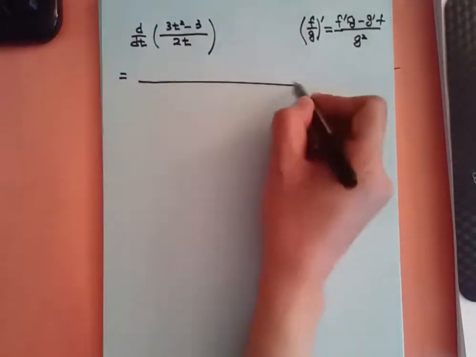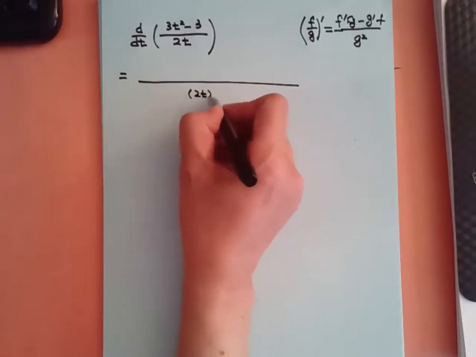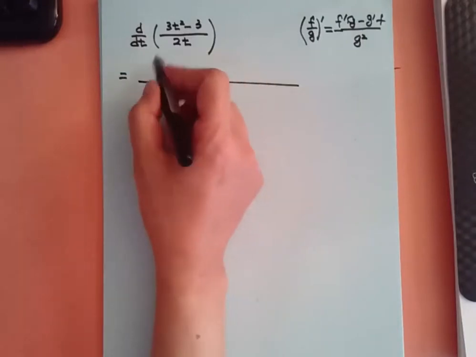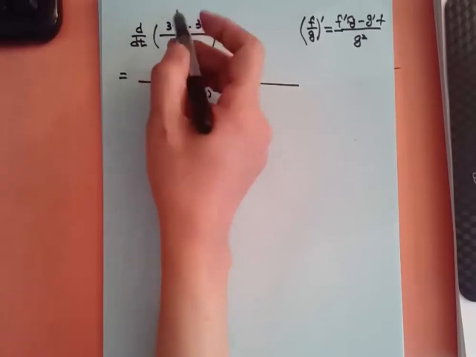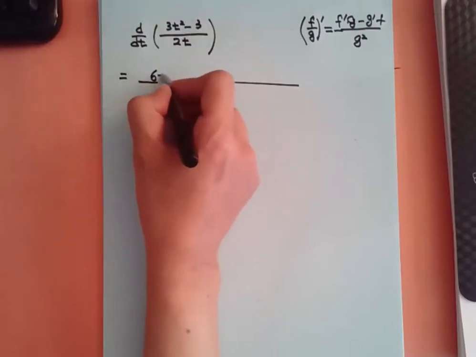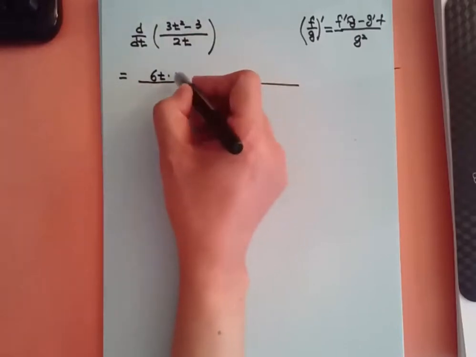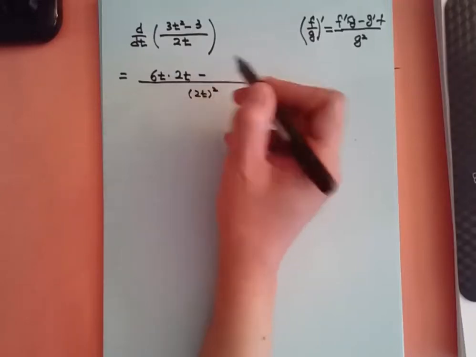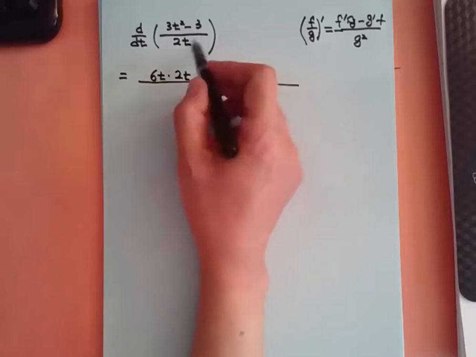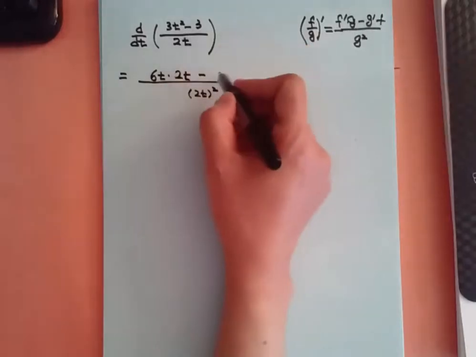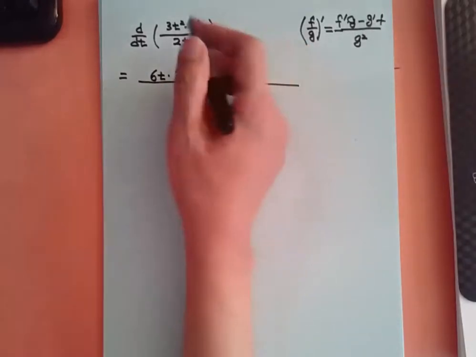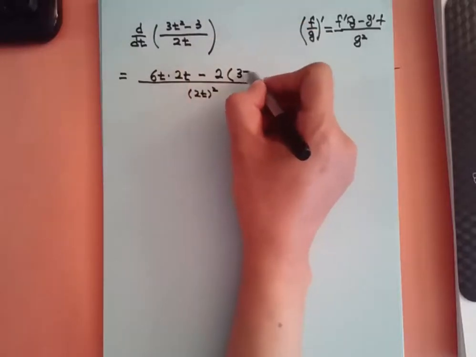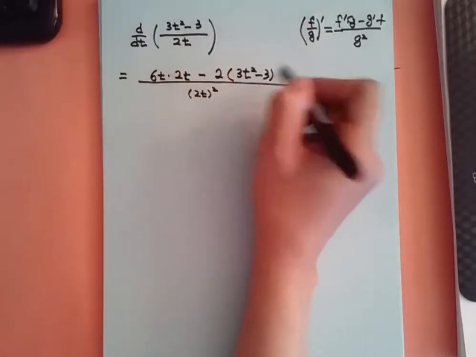So the denominator will be 2t squared. The numerator is the derivative 6t times the denominator 2t, minus the denominator's derivative 2 times what was in the numerator, 3t squared minus 3.